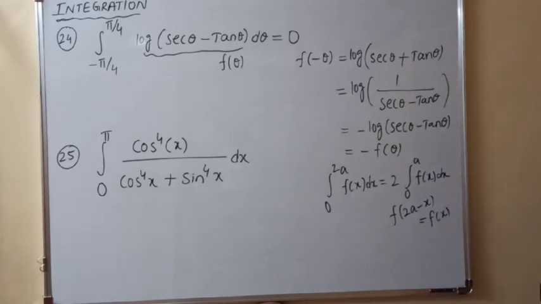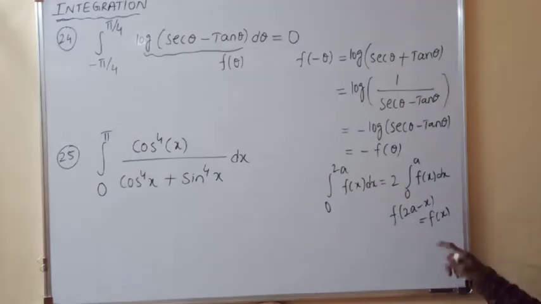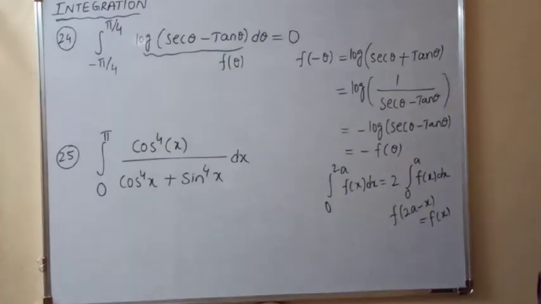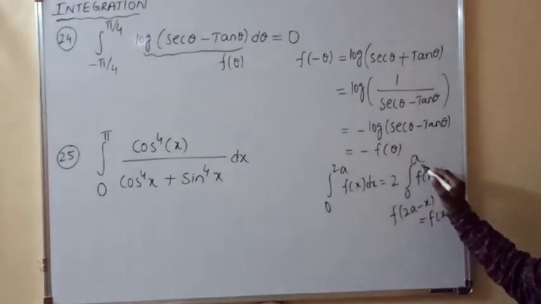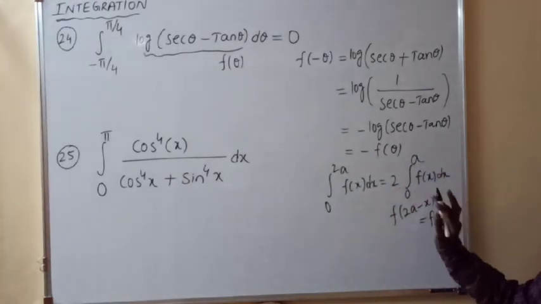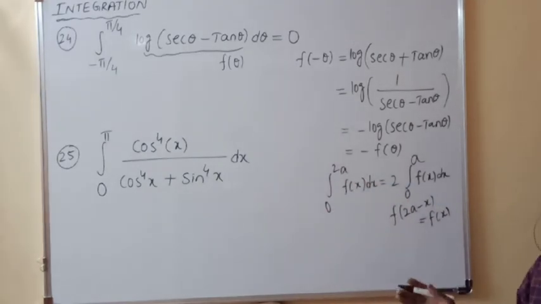That means if you replace x by 2a minus x and the function remains the same, the answer will be 2 times integral 0 to a f(x) dx. The upper limit becomes half: 2a becomes a, and the 2 comes before the integral.